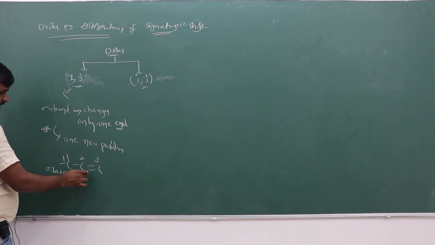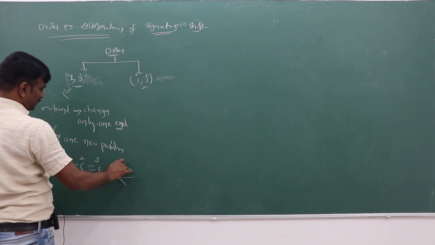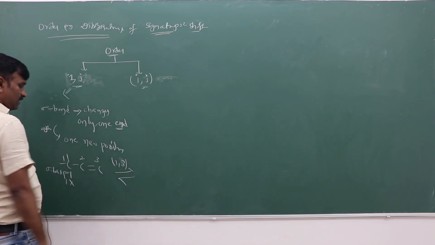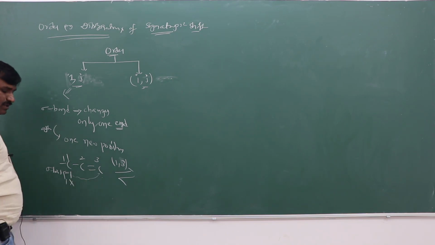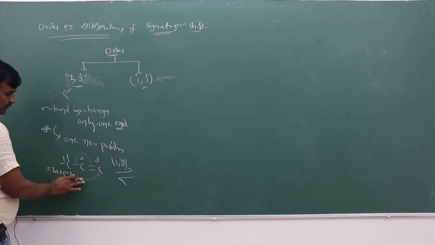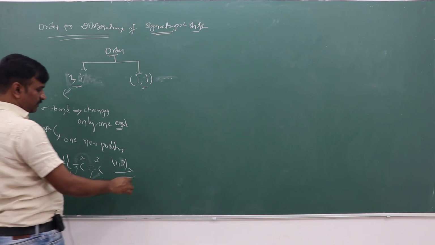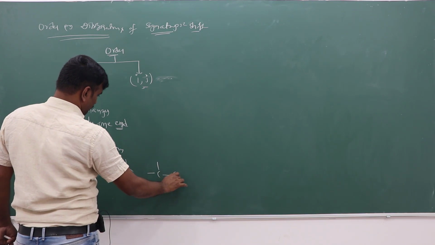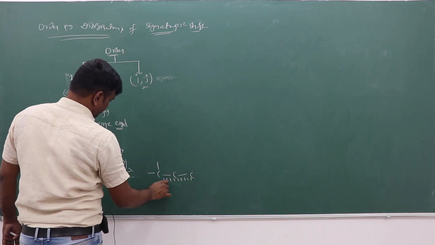Suppose it takes place from this one to this one, 1, 2, 3: a 1,3 sigmatropic shift, through a cyclic transition state. So the migrating sigma bond moves from the first position to the third position, like this or like this, whatever it may be, through the transition state.